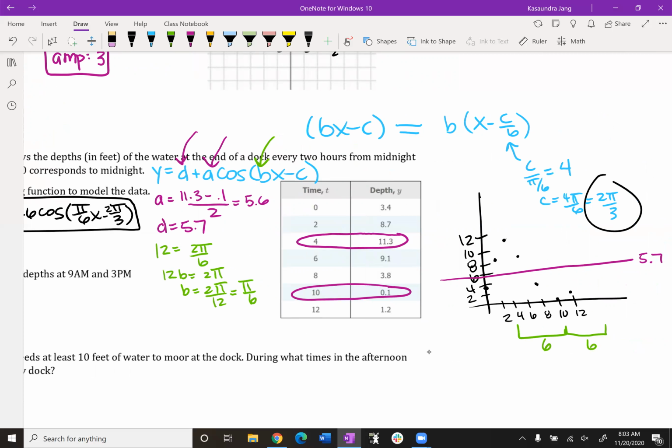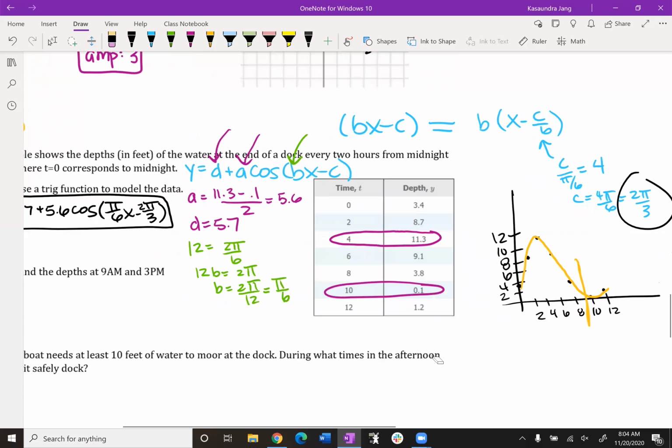So like 0 is right at midnight, 1 is like 1 a.m. We're talking 9 a.m. So it's going to be like right here, which if I'm connecting these, I think it's probably going to be between the 0 and 2. It looks like, here's my 2. It looks like it's between 0 and 2. So let's see if we get in that ballpark here.